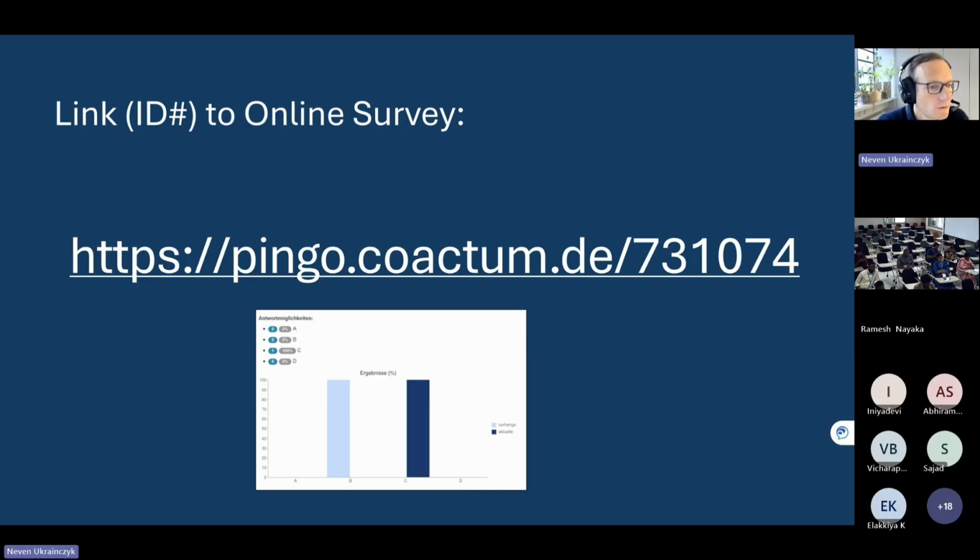Okay, now you should be able to see the first question. If you can answer the question. So I'm asking you about the background. How much background do you have in Python? Is it working? Let me check.